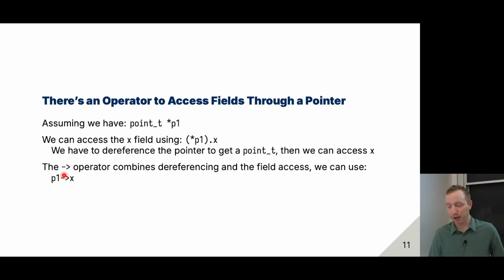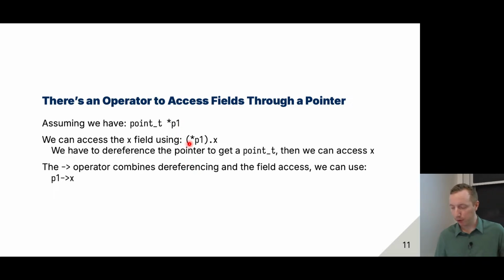There's actually a new operator that just looks like an arrow. It is the minus sign and then a greater than. It doesn't mean subtract anything. It's supposed to look like an arrow, like it's pointing to something. So that combines dereferencing and field access in just one step.